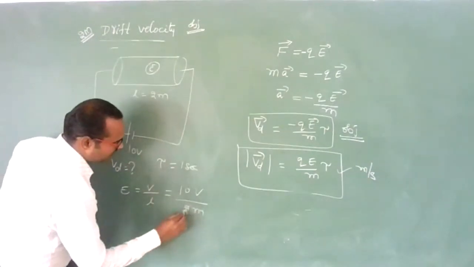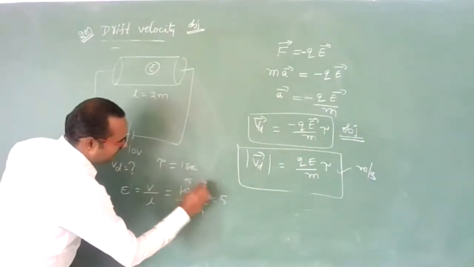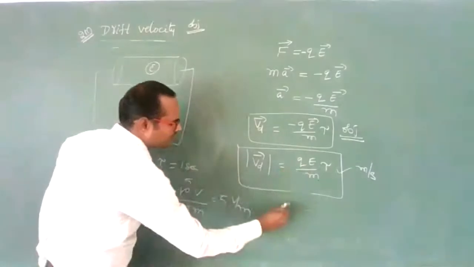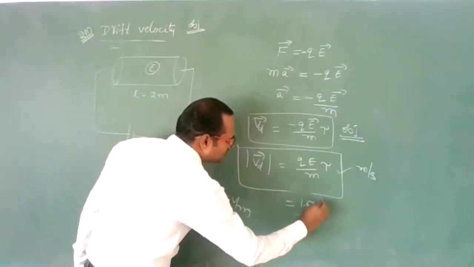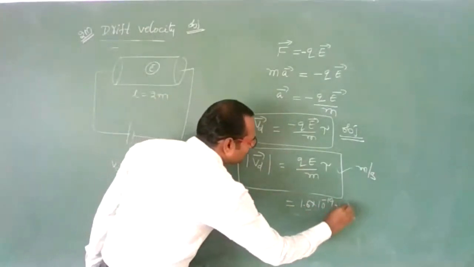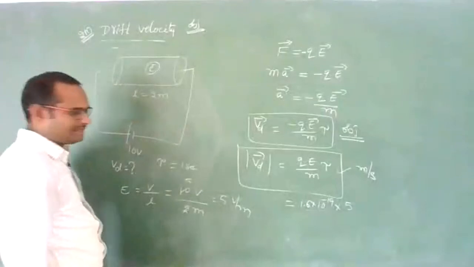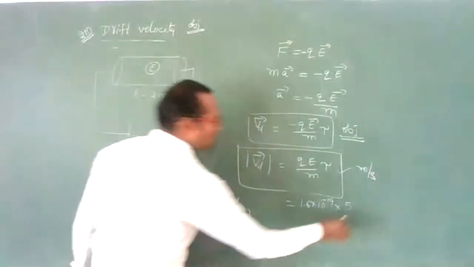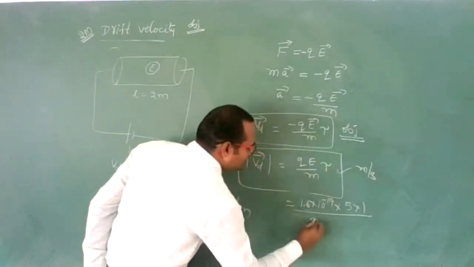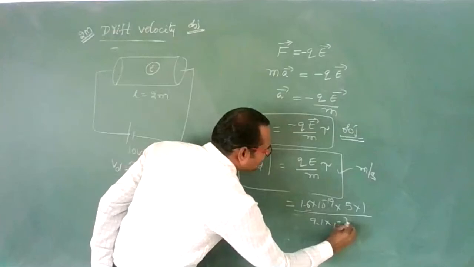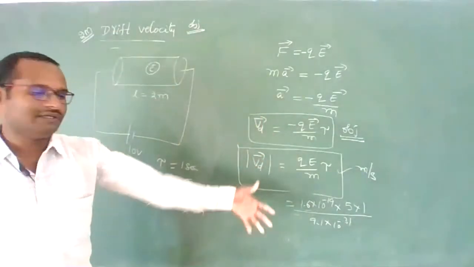So it will be 5 volt per meter. Substitute here. You will get 1.6 into 10 to the power of minus 19 coulomb into 5 volt per meter into time 1 second, divided by 9.1 into 10 to the power of minus 31. You will get the answer.